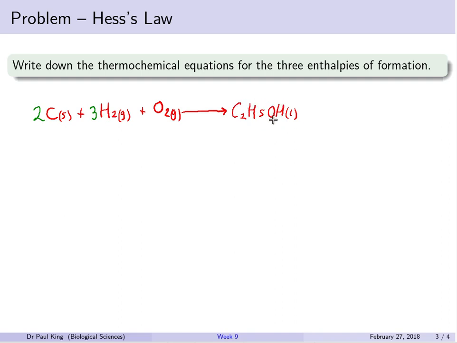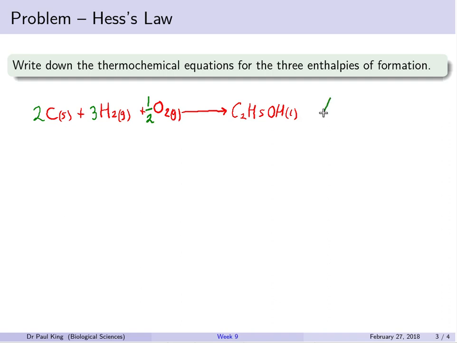Looking again at the ethanol, we see that we have 1 atom of oxygen per molecule, so we also need 1 oxygen atom. Now each molecule of oxygen provides 2 oxygen atoms, so we only need half a molecule of oxygen to give us 1 oxygen atom, which balances out with the oxygen atom on the other side. Now, a thermochemical equation gives a balanced chemical equation, but also the associated enthalpy change.